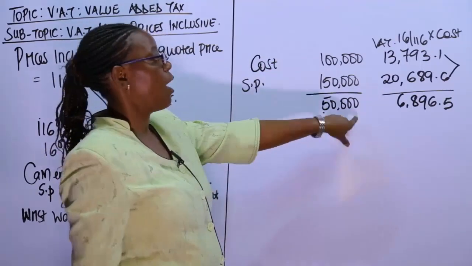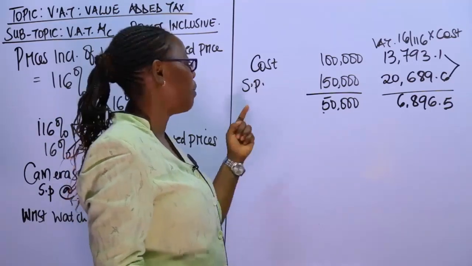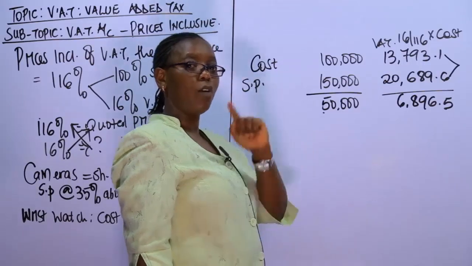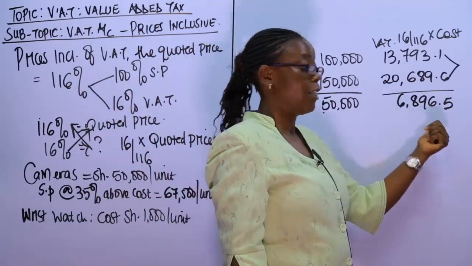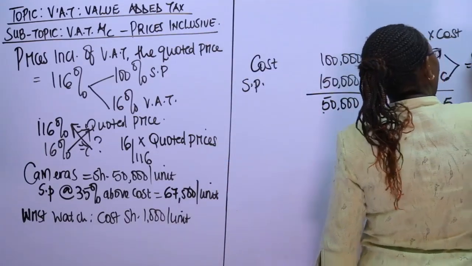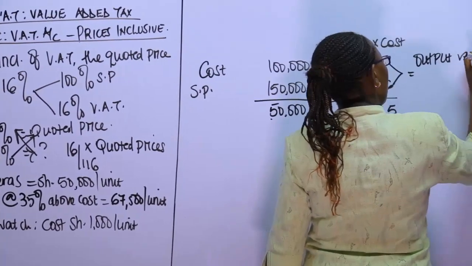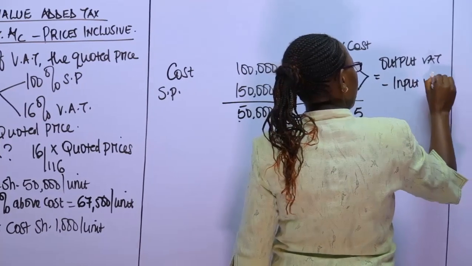the 50,000, and on that they are supposed to pay VAT. And because this 50,000 is inclusive of VAT, it is 16 over 116 times 50,000, which will give you 6896, which is equal to output VAT minus input VAT.